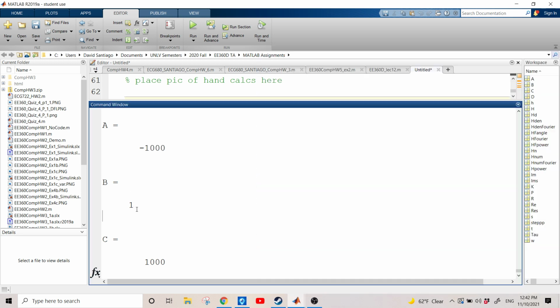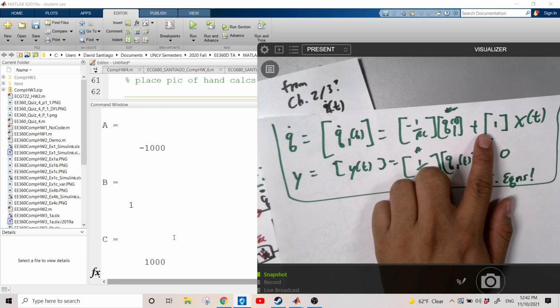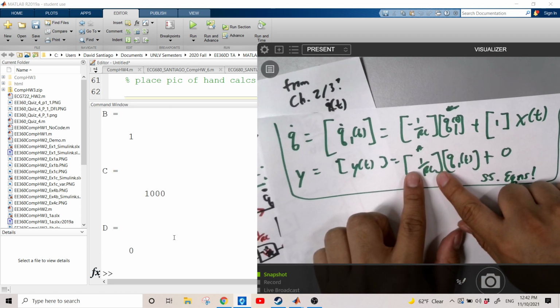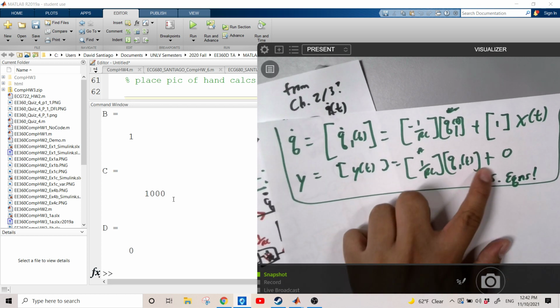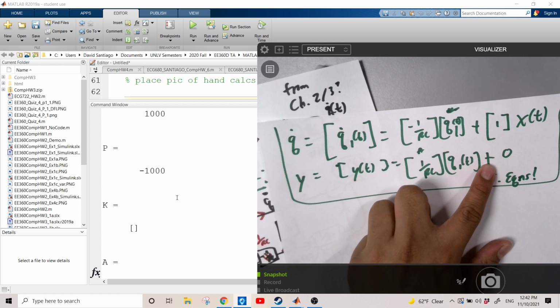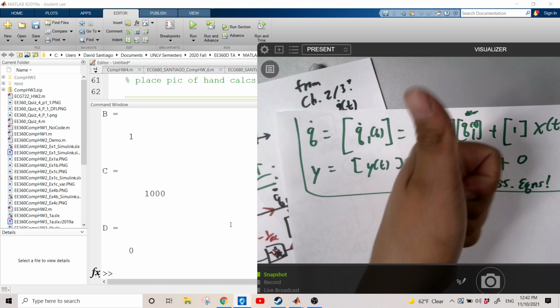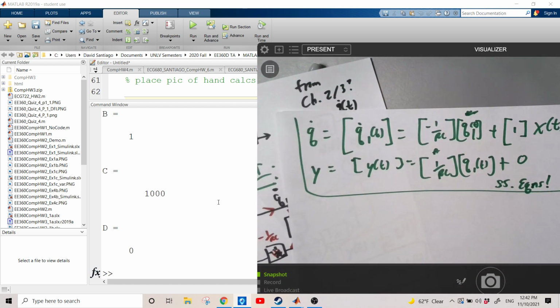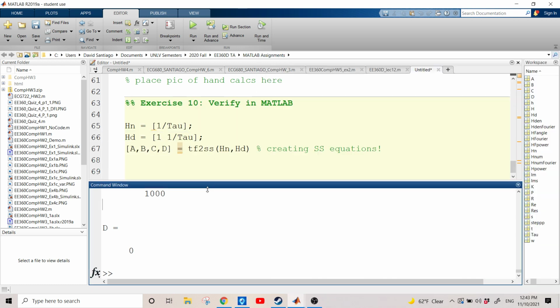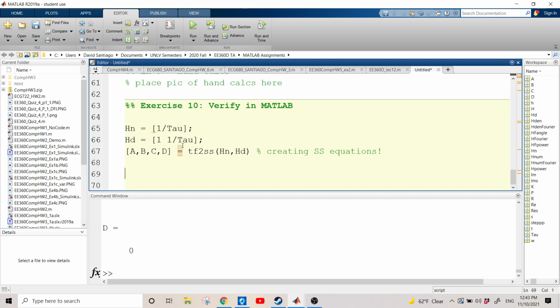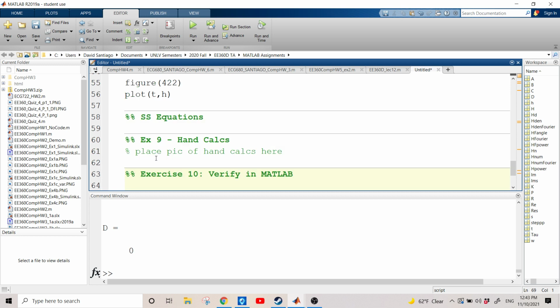This B is 1, that B is 1. Making sense? C, 1000, and D, 0. If you get these A, B, C, Ds to match with your hand calcs right here, congratulations, you're done. Hallelujah. You can do this and you can hopefully get an A on this exam. That's the whole point of the state space equations.